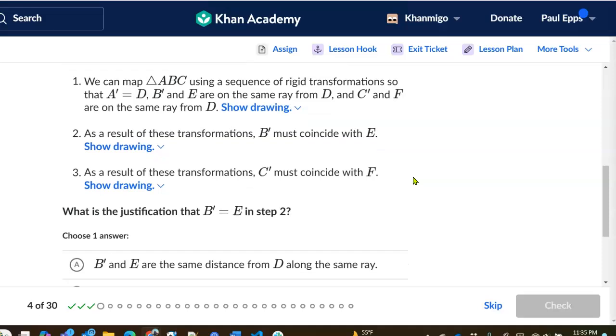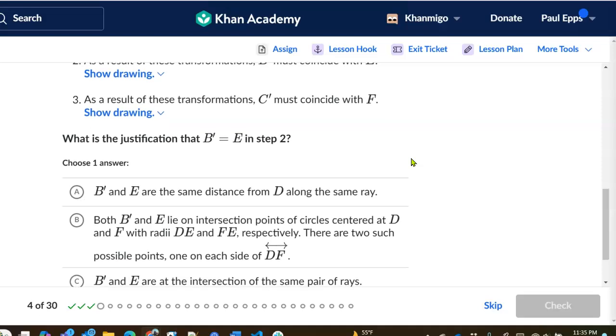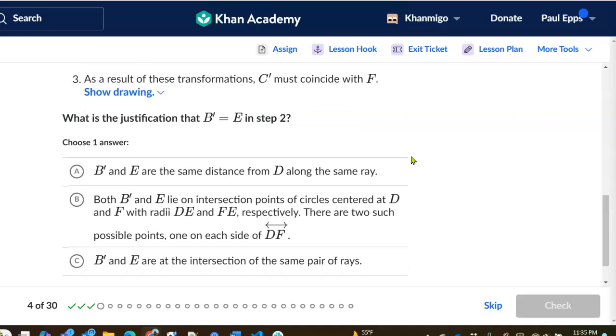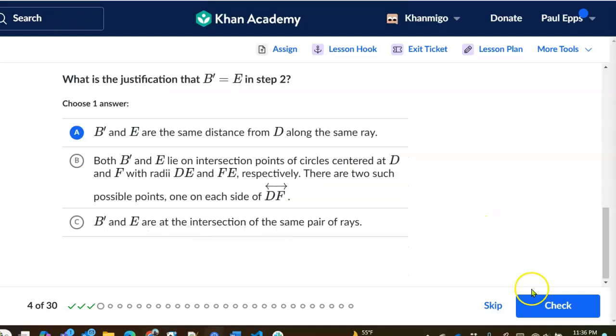Doesn't it give us the answer then? B prime and E are the same distance from D along the same ray. Yeah, it actually says that here. I think we're just reading the answer right out of the description.